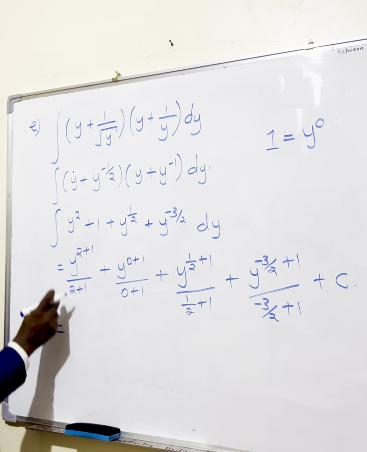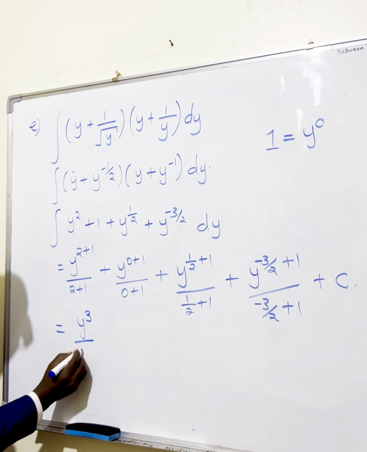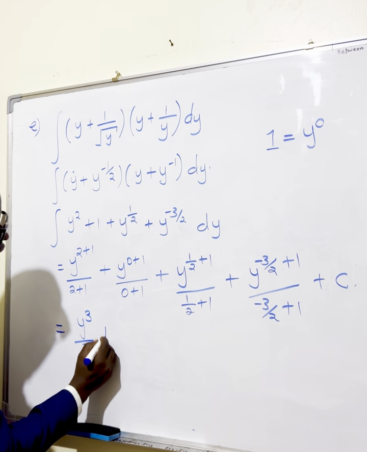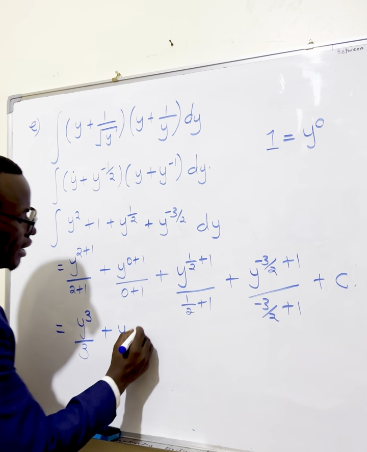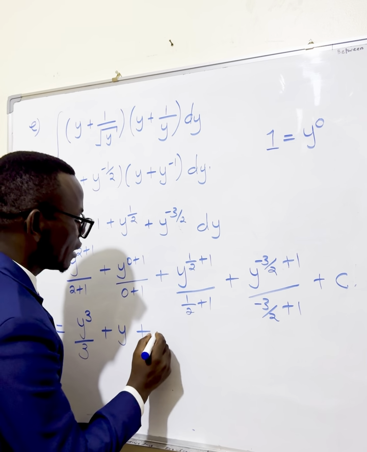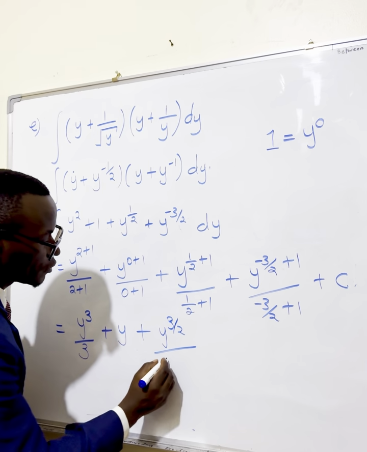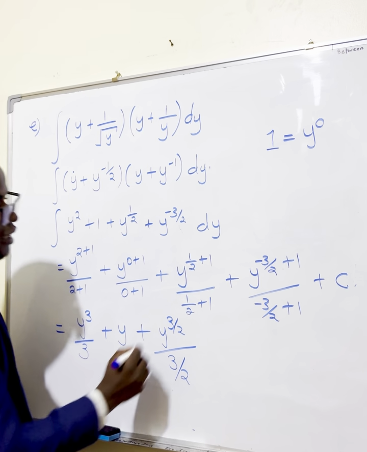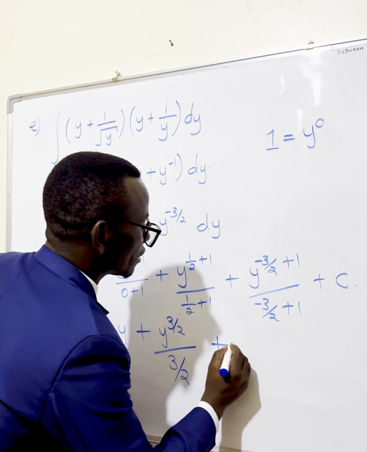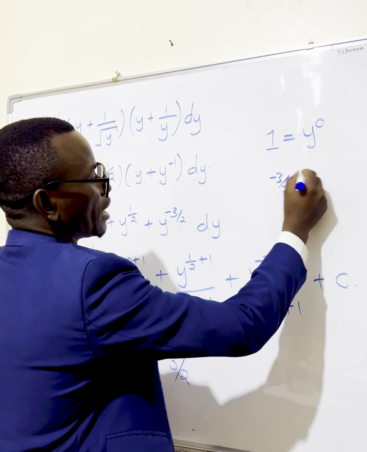So we shall have y to power 3 out of 3, then plus y, then plus, if I get a half plus 1, that is y to power 3 out of 2, then out of 3 out of 2, then plus, what is negative 3 out of 2 plus 1?